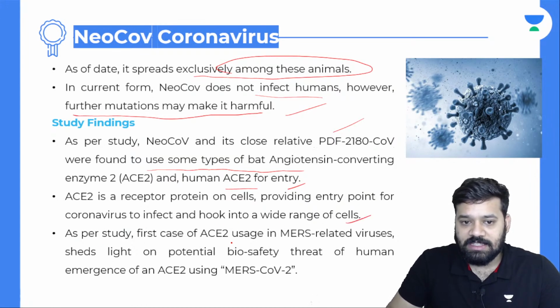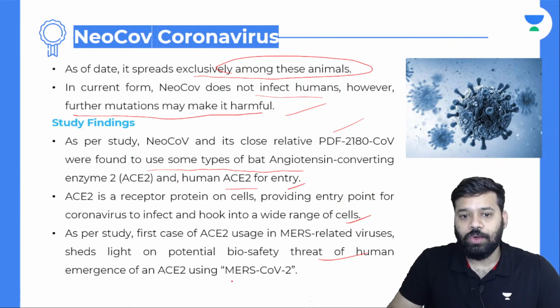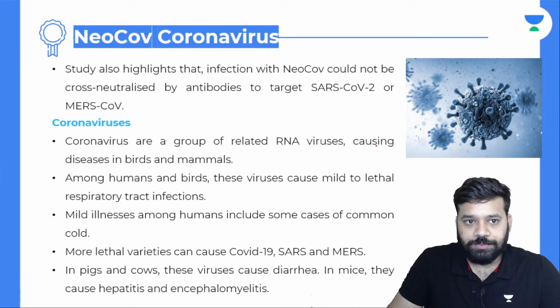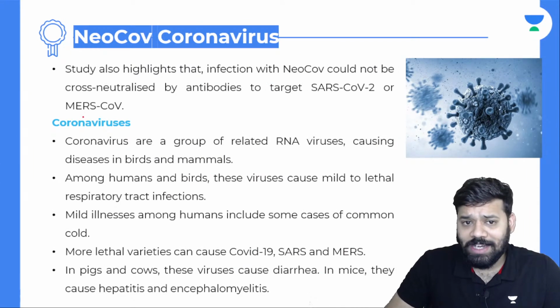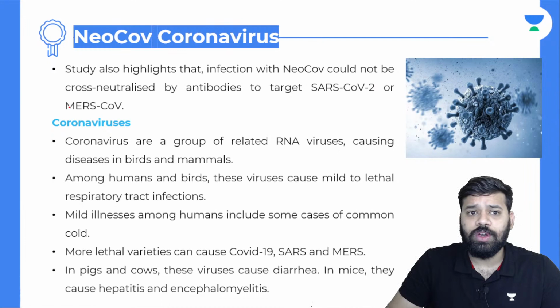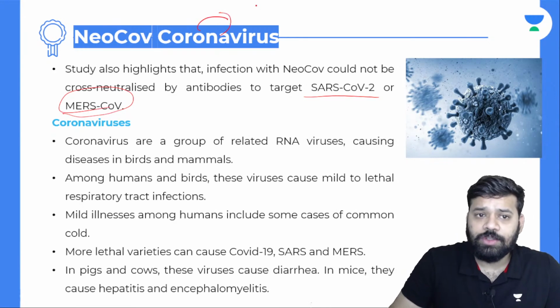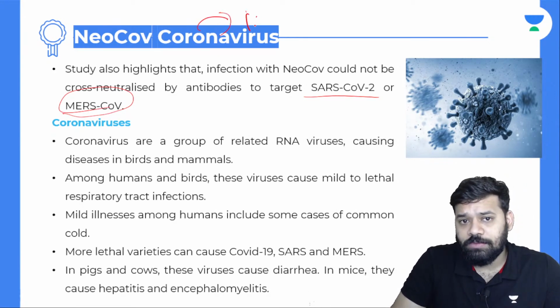As per the study, the first case of ACE2 usage in MERS related viruses sheds light on the potential biosafety threat of human emergence of ACE2 using MERS-CoV-2. Going forward, the study also highlights that infection with Neoco could not be cross-neutralized by antibodies that target SARS-CoV-2 and MERS-CoV-2. So the summary is that Neoco is more infectious and deadly than previous ones.